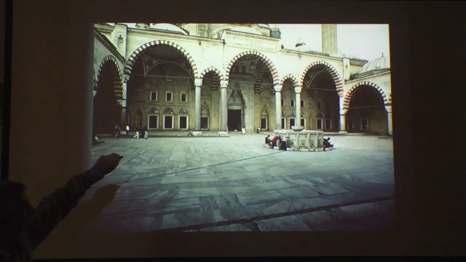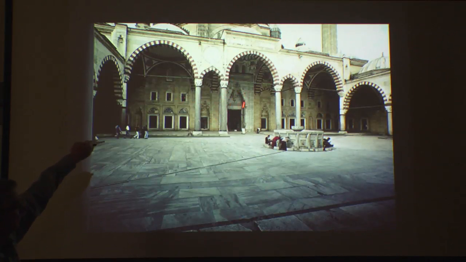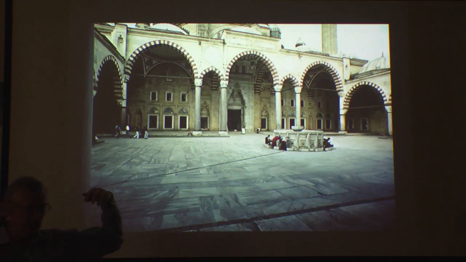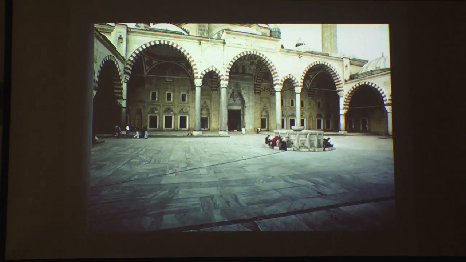If you made this arcade at the same height, you'd have an awful lot of blank space behind, and you would have had a very small entrance, which wouldn't have been that impressive. But if you have this at the same height as this, it's claustrophobic, too oppressive.